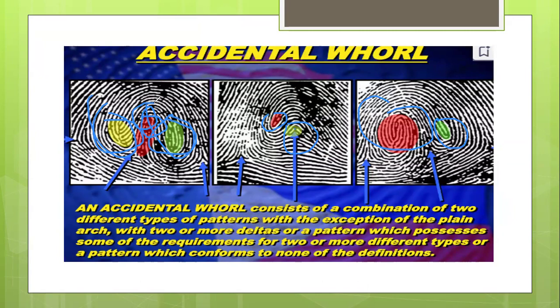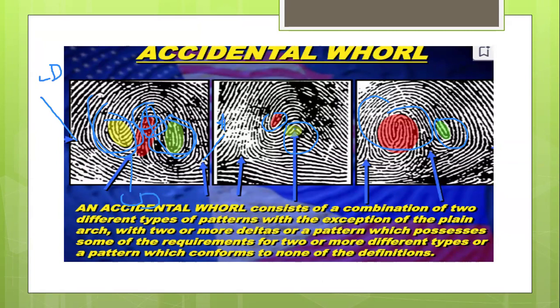Of course, in loop patterns, the qualification must be two deltas. Does this have two deltas? Yes. Here, and we have this center delta. That is why we call it CD. And this is LD. And this is RD. Okay?